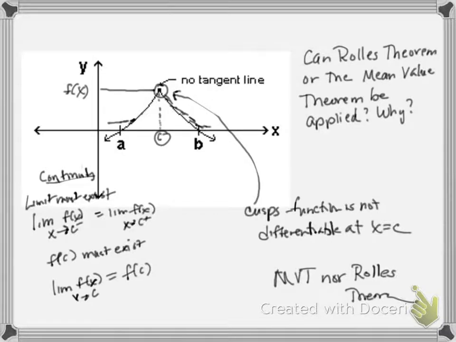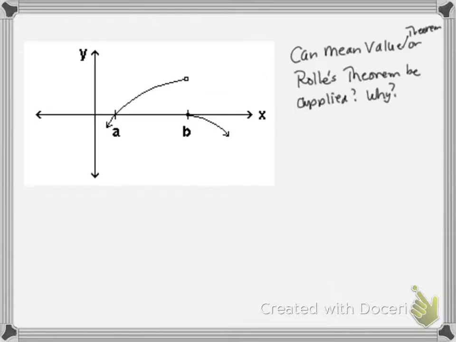Okay, let's look at another example. All right, can the mean value theorem or Rolle's theorem be applied? Why? All right, so again, I am going to pause the video. Well, I want to know if the function is continuous. Well, as I'm approaching b from the left, I'm at a different height than when I approach b from the right.